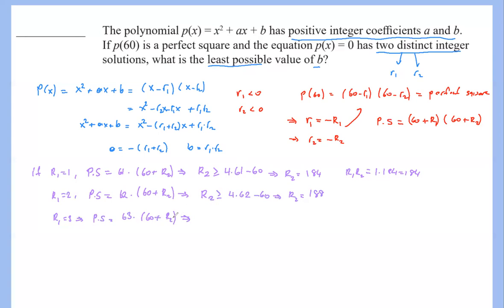So you don't want to just multiply 63 by 4 and subtract 60, even though that will give us another perfect square. But if you can get something smaller than that, you should try, which I do have in this case. So R2 should be at least, okay, so 63 is 9 times 7. So 9 is a perfect square.